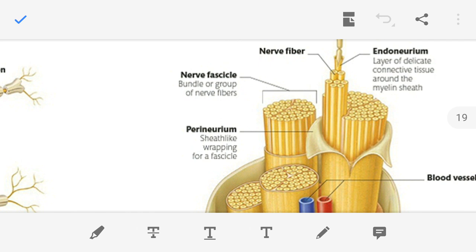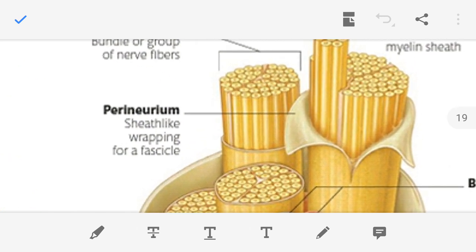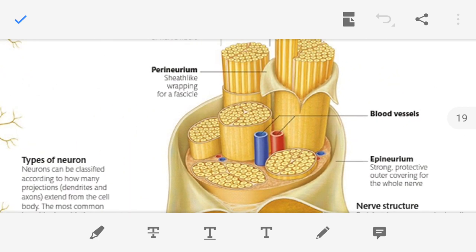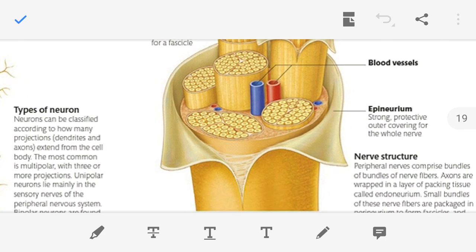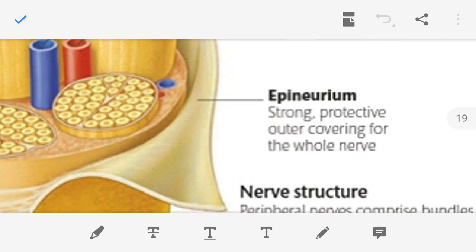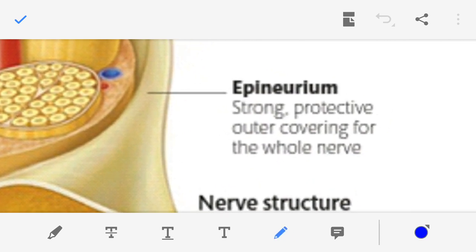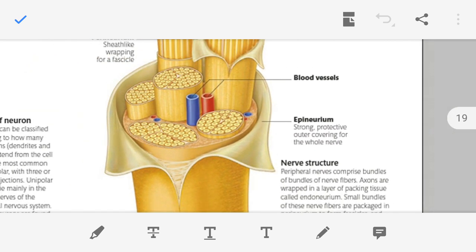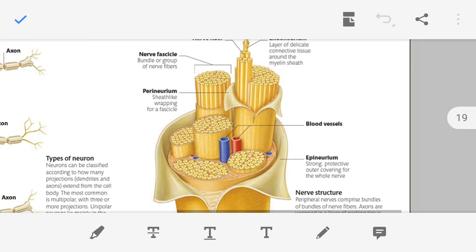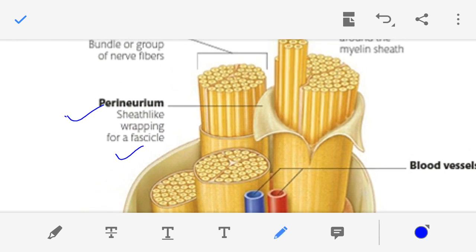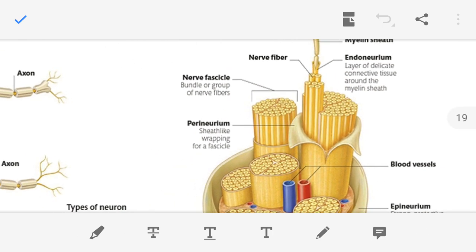Then perineurium, then the blood vessel. Then epineurium. What is this epineurium? A strong protective outer covering for the whole nerve. Then the covering of the fascicle, that is perineurium.